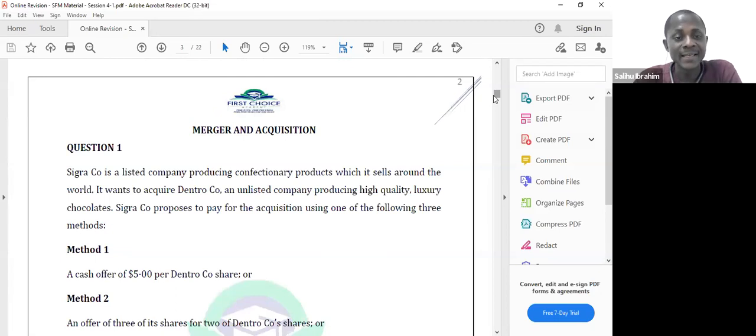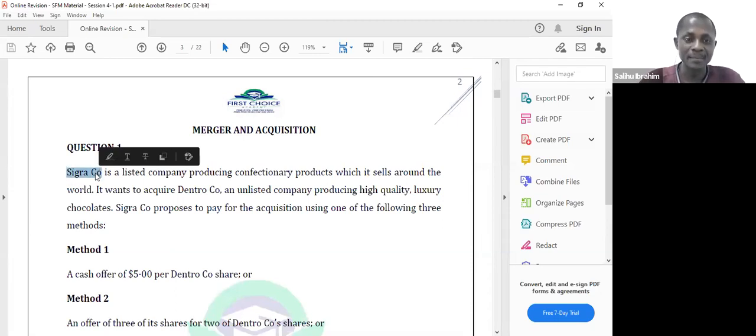Sigraco is a listed company producing confectionery products, which it sells around the world. It wants to acquire Dentroco. Now, in this situation, Sigraco will be my predator.